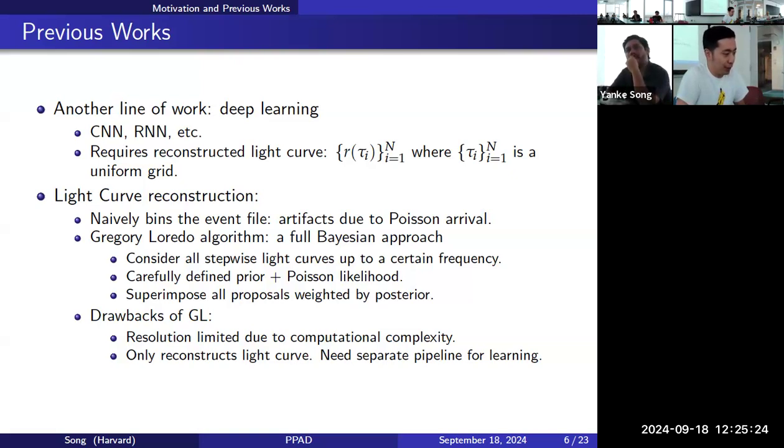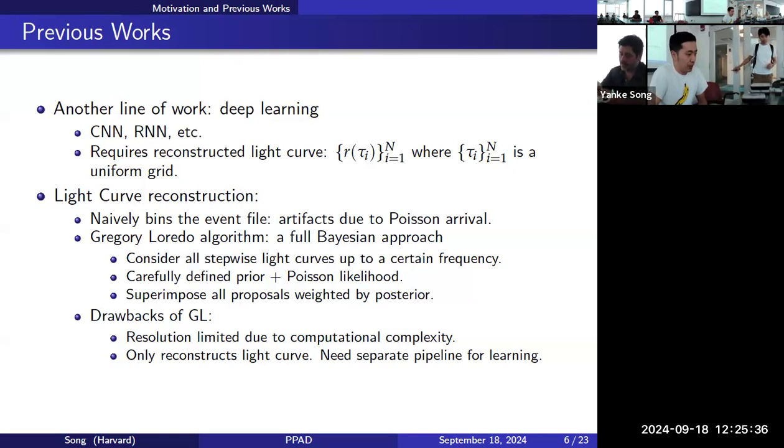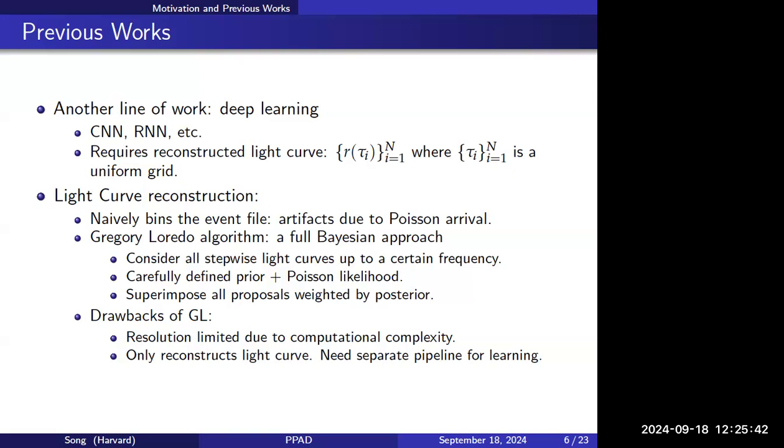So even if it's just n squared, if you want to consider a smooth light curve, for example, of like 400 stepwise bins, that would be pretty expensive. Okay, thank you.